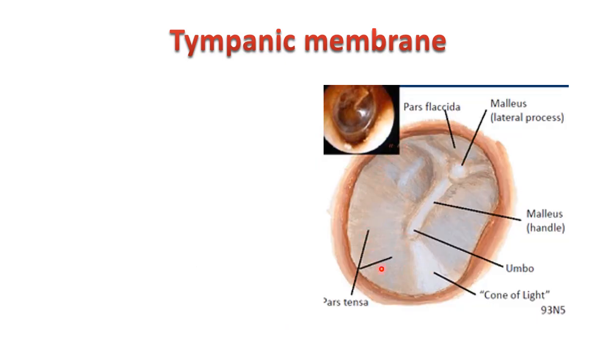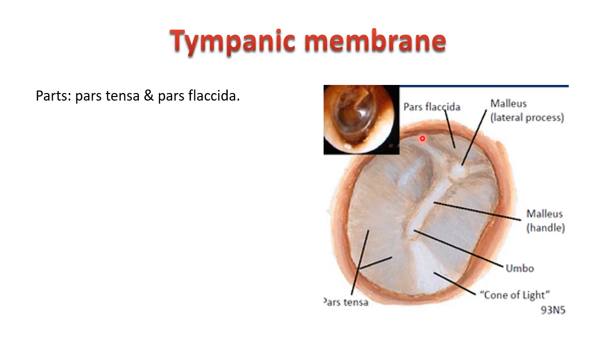So if you look at the tympanic membrane, it is somewhat slate gray in appearance, and it is attached to the tympanic sulcus, and here you are able to see a wide depression.